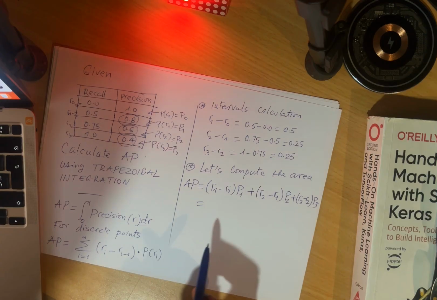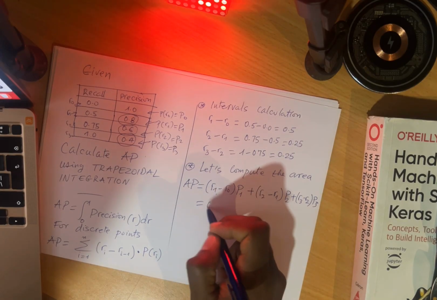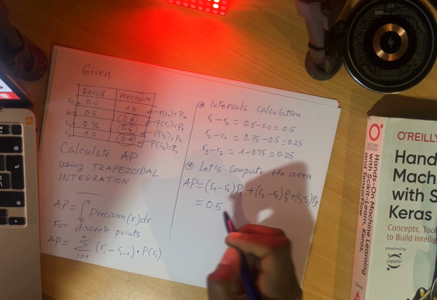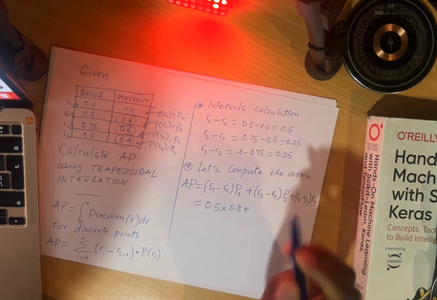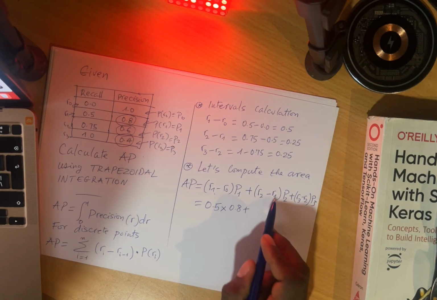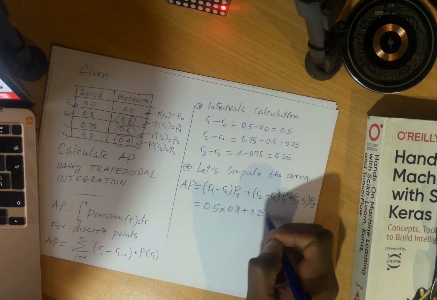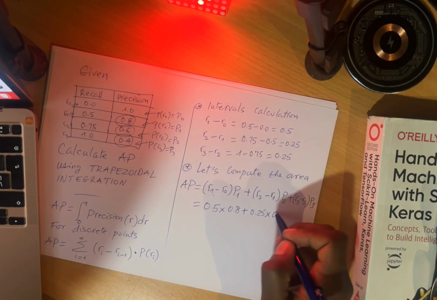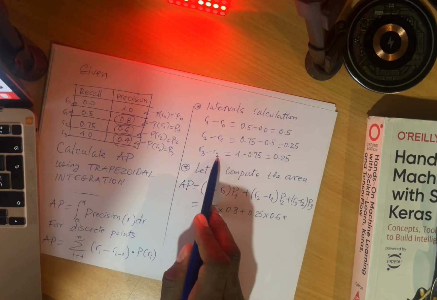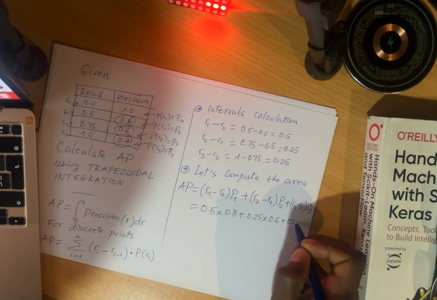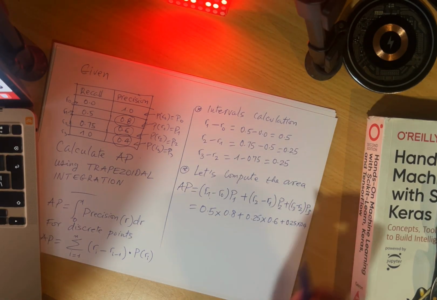Okay, we have calculated R1 minus R0, that's 0.5, and we have P1 here, 0.8. We have calculated R2 minus R1, that's 0.25, and we have P2 here, 0.6. Then we have calculated R3 minus R2, that's 0.25, and we have 0.4 here.